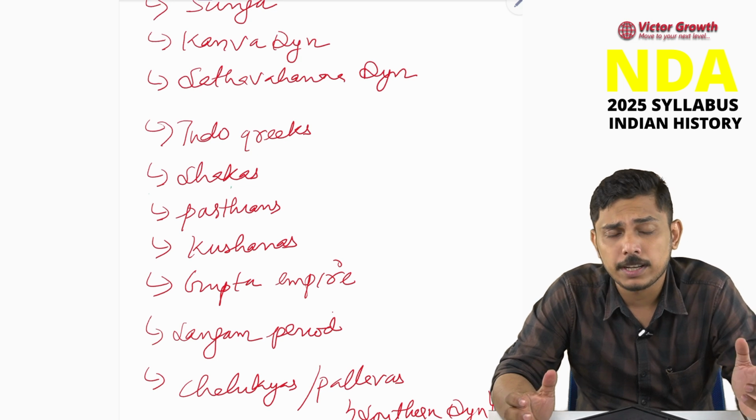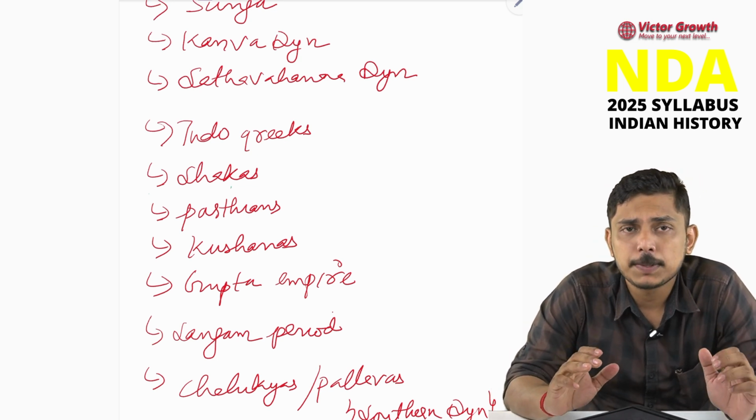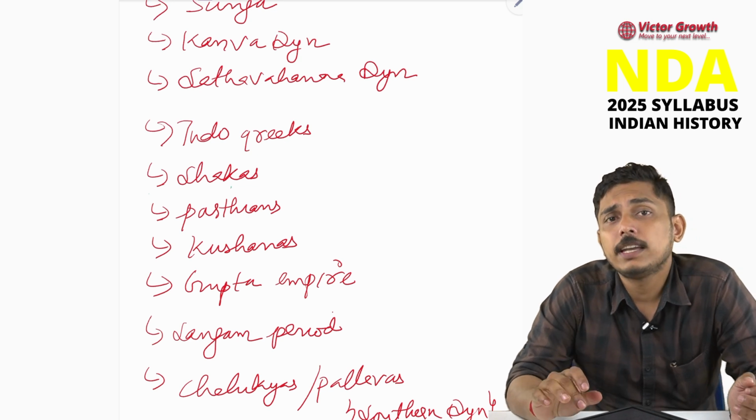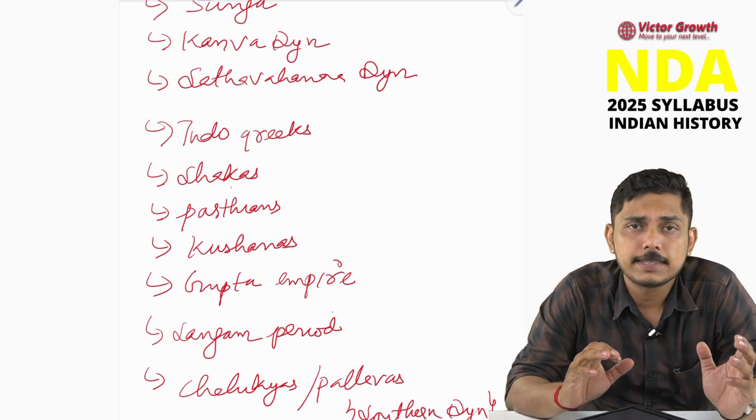That is starting from the Stone Age, that is the Paleolithic period. Paleolithic, Mesolithic, Neolithic, then comes the bridge, that is Chalcolithic.